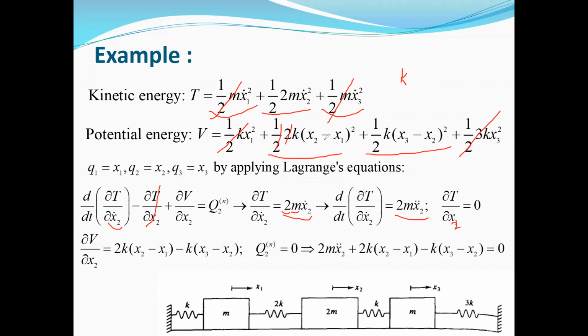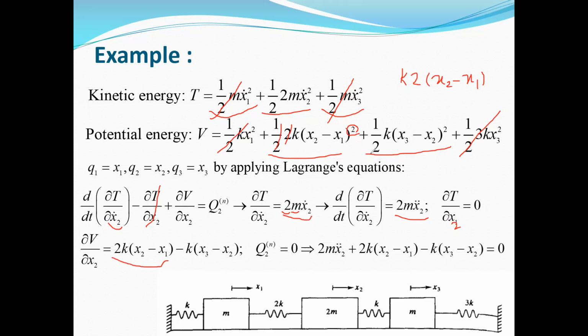But the derivative of (x2 minus x1) squared with respect to x2 is equal to n, which in this case is 2, so it will be 2 times f prime, where f prime here is the derivative of x2 minus x1 with respect to x2, which is 1, multiplied by f to the power of n minus 1, which here is (x2 minus x1) to the power of 2 minus 1, which is 1. So we will have 2k times (x2 minus x1).